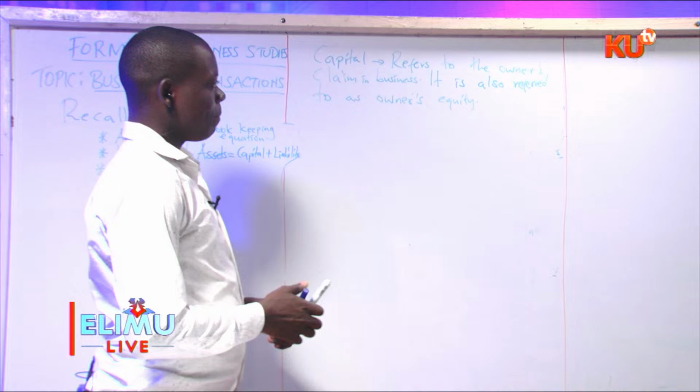Good. The second factor that affects capital. Where there are profits, then there is also a possibility for losses. Number 2, losses. Losses happen when we sell for less than the cost price.